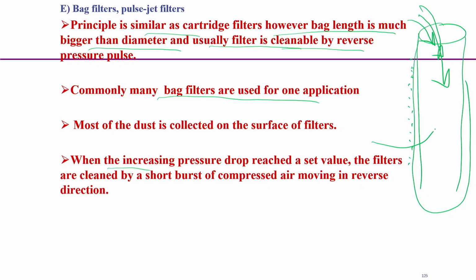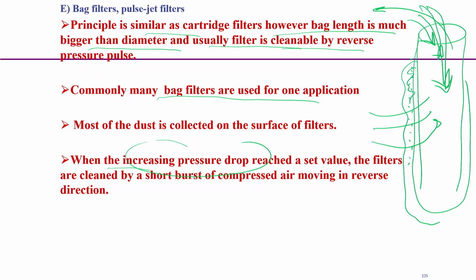In the normal case the air is coming from the side and exits from the center, but for the reverse flow, after reaching the certain pressure drop, the pulse jet is created, and that will clean the adhered dust. It will get released and be collected at the bottom, and also the jet will give some vibration, which helps in releasing the particles.